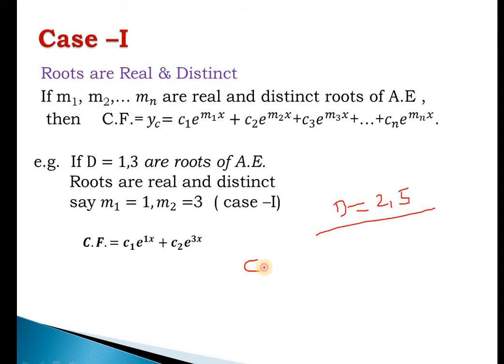So what CF do we write? CF is equal to C1 e raised to 2x plus C2 e raised to 5x. So these 2 and 5 occur in the exponential times x. In this way, if roots are real and distinct, we write the corresponding complementary function.